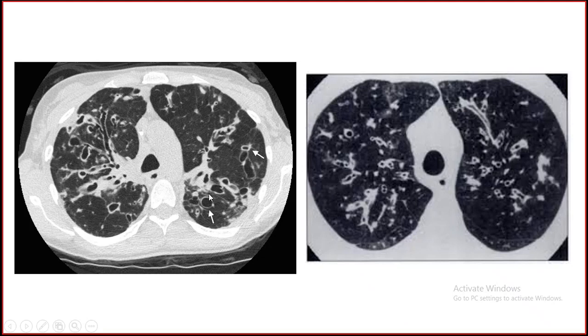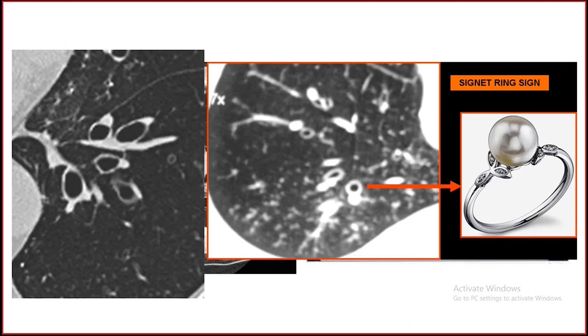The other sign is dilated bronchi. But the important thing is, because normal bronchi are also there, how do we identify whether it is dilated or not? Classically that is with the signet ring sign. All the bronchi are associated with an adjacent vessel, the pulmonary artery. So this is the pulmonary artery and this is the adjacent bronchus.